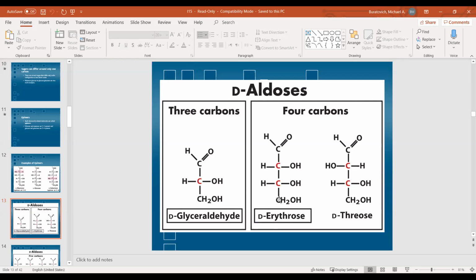So here's the aldoses. Glyceraldehyde, there's just one. With 4 carbons, there is erythrose and threose. You need to know only the structure of erythrose.